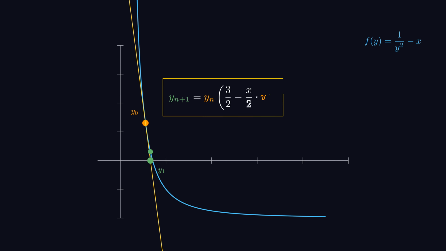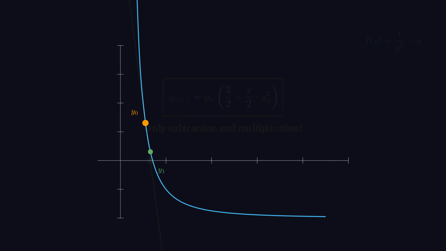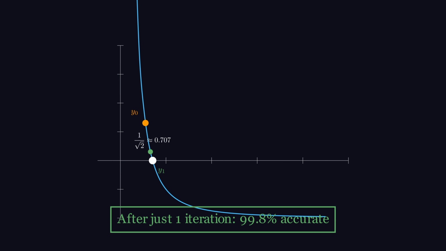The code does exactly one iteration of this mathematically simplified formula. Notice that it only uses subtraction and multiplication. Still no division.